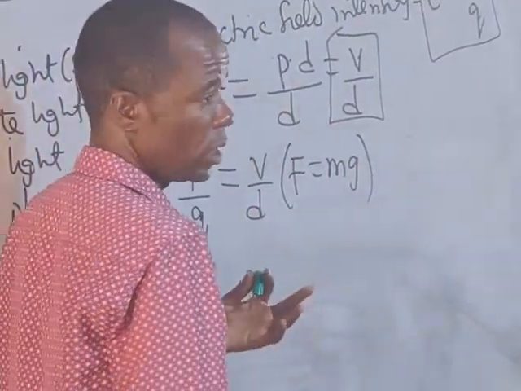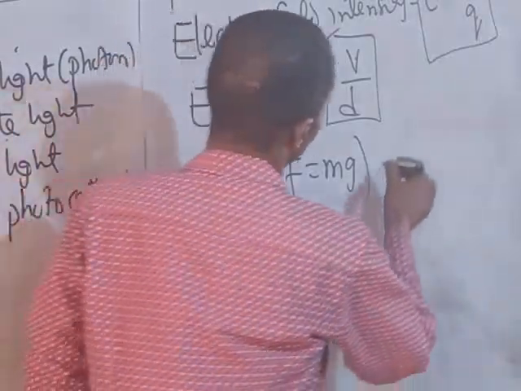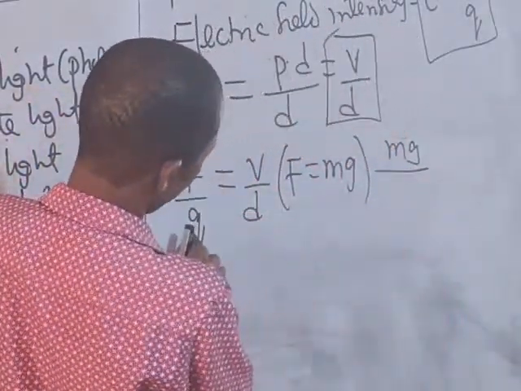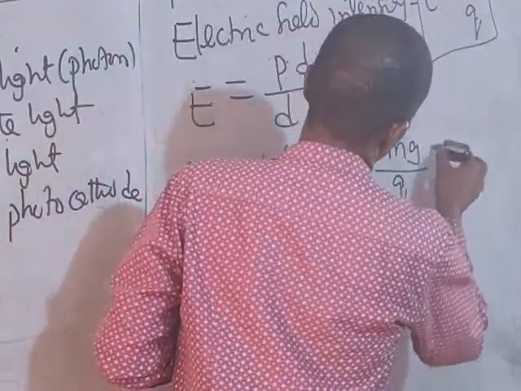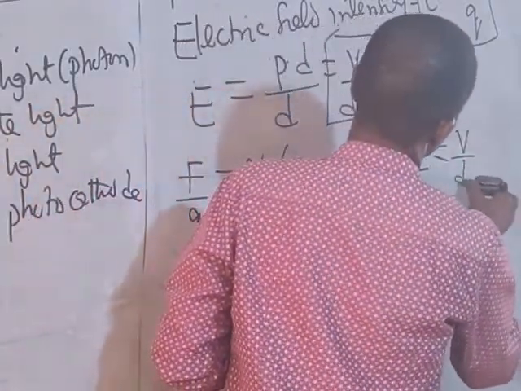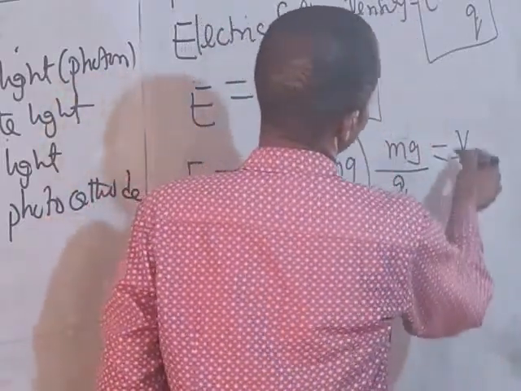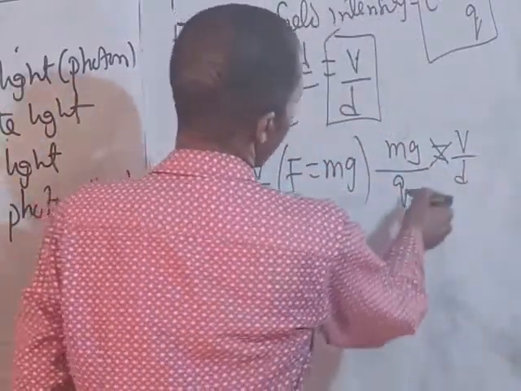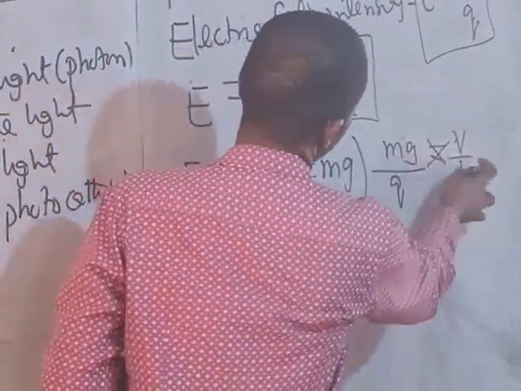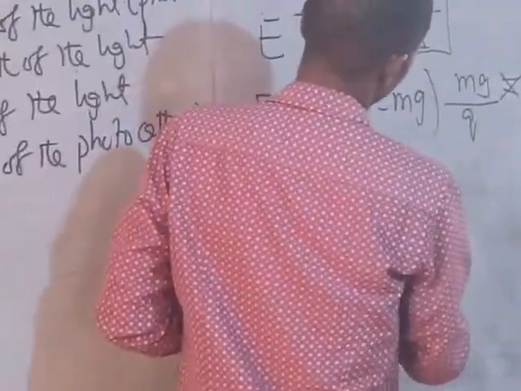We still remember that, right? So if you substitute that with F here, we're now left with mg all over Q is equal to V all over D. What do we do? We cross multiply. So now we have Q times V, that's QV, is equal to mg times D, that's mgd.